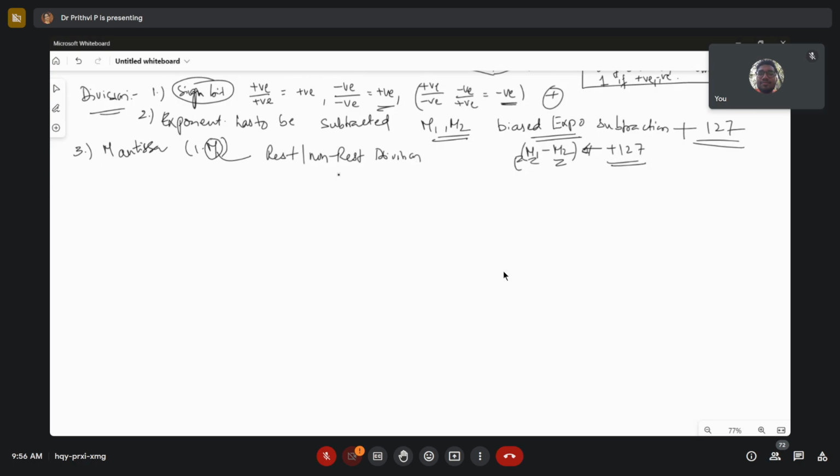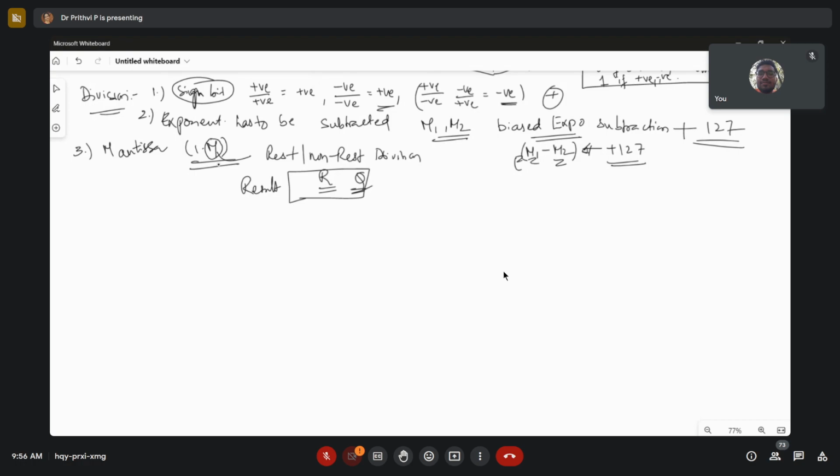After that, you find the quotient and the remainder. You now check this result, whether normalization is needed. Normalization means we are supposed to put this back into 1.m format.